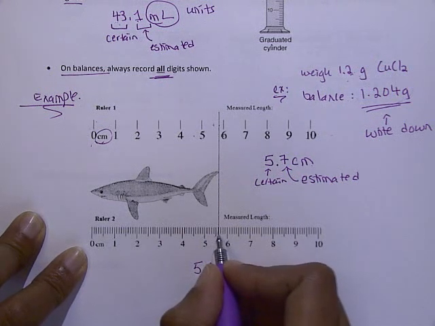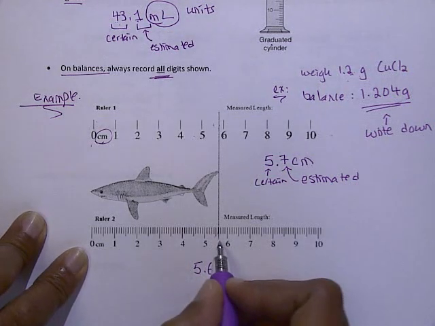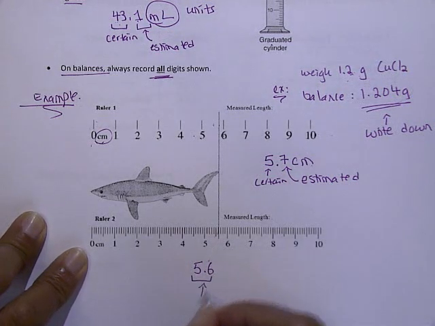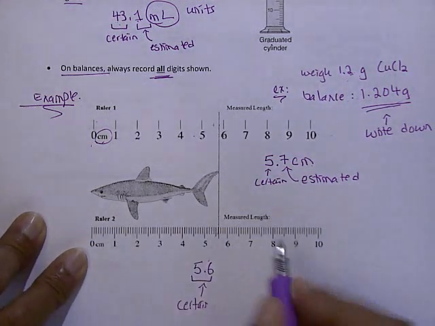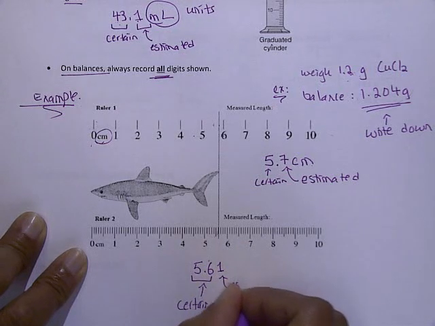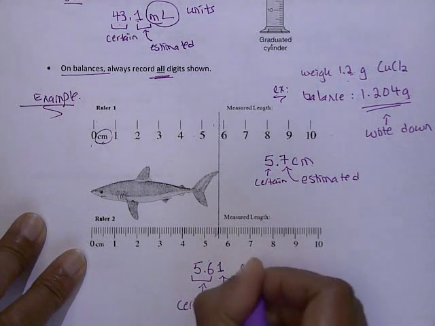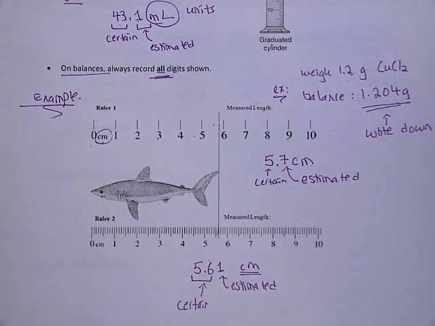Now, is it exactly on 5.6 or is it slightly over 5.6? These two numbers I'm absolutely certain of because of these graduation marks. I see it as 5.61. So this is where my estimated digit is. Now am I done? I'm not done because I have to write my units.